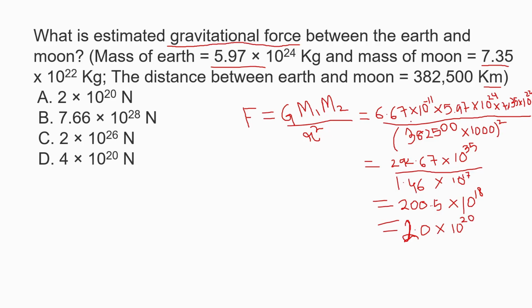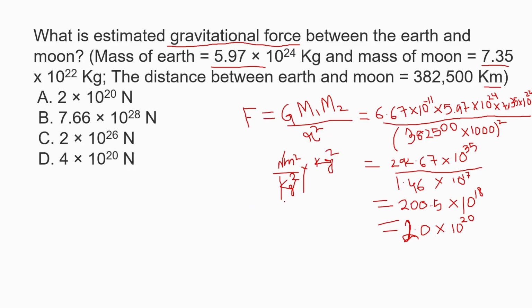And now for the units, for G it was Newton meter square per kg square. And then we are multiplying M1 and M2, basically kgs, or again kg square.